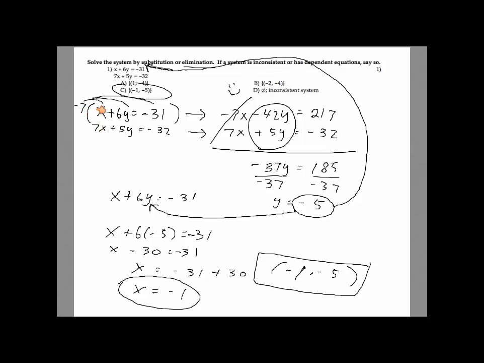So if I multiply the entire top row by negative 7, I would make the coefficients of x opposite of each other. So if I simply add these 2 rows, then I can solve for y. And then once I solve for y, I can plug it back into any of those 2 equations and solve for x. So everybody see both methods here, substitution method and elimination method.